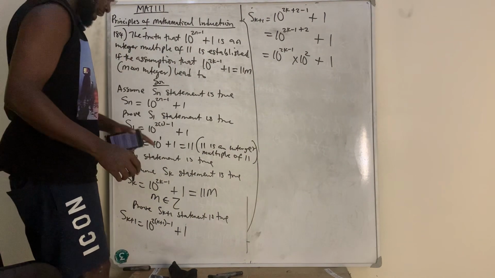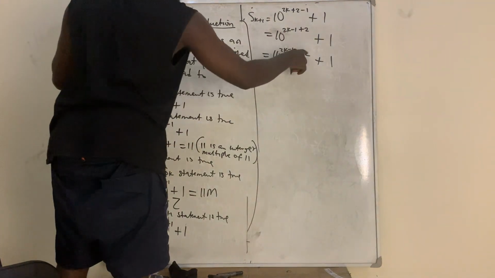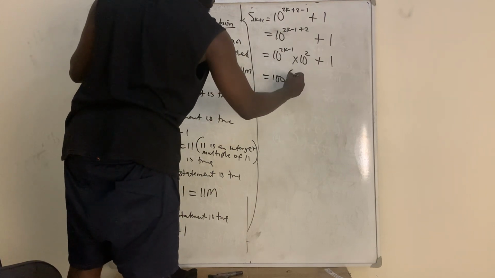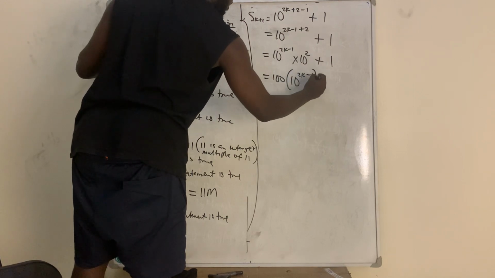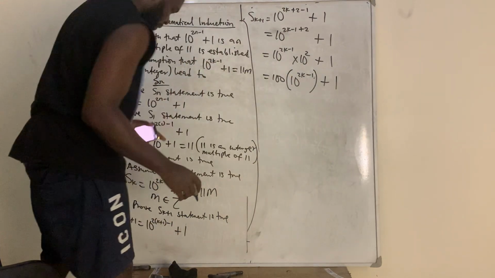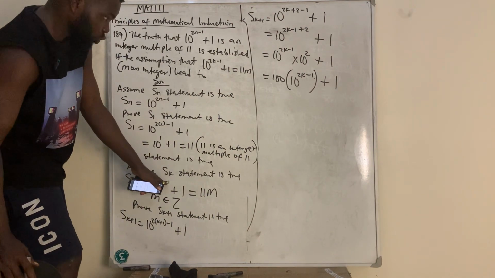Now, why I did it like that is because I want to get exactly what is in SK, okay? So you now have that this is 100, so this is 100 into 10 raised to power 2K minus 1, then plus 1.